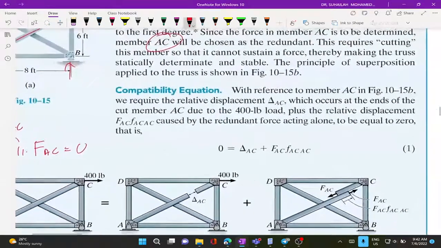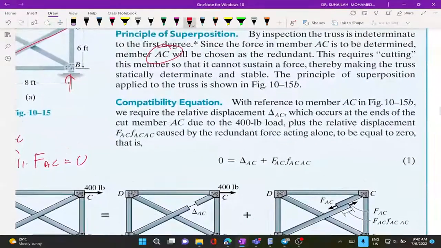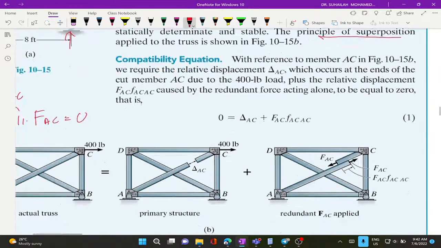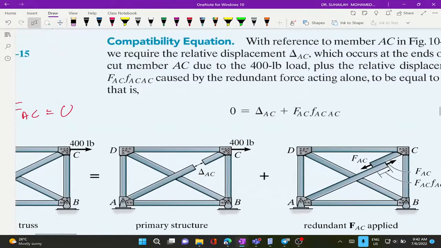This is the compatibility equation. By inspection, the truss is indeterminate to the first degree, one redundant only. FAC is removed, so we apply the principle of superposition and get the compatibility equation, using 1 for R1 FAC, so we get F11.